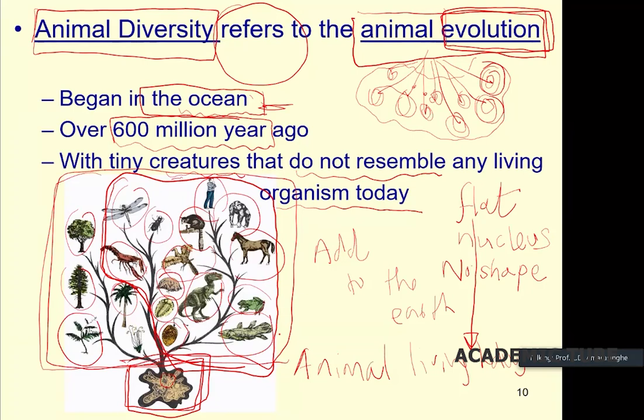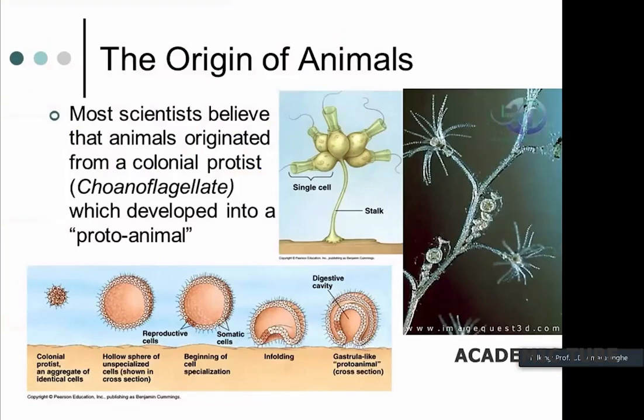But if we take animals alone, the animal origin, according to most scientists, is believed to have originated from a colonial protist. Nowadays we consider these as kingdom Protista.